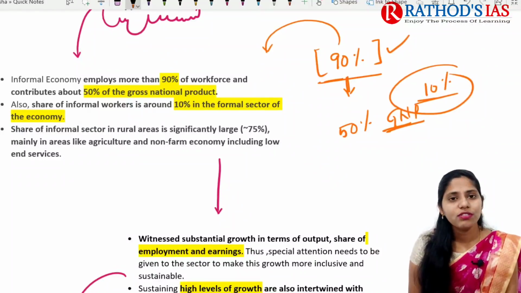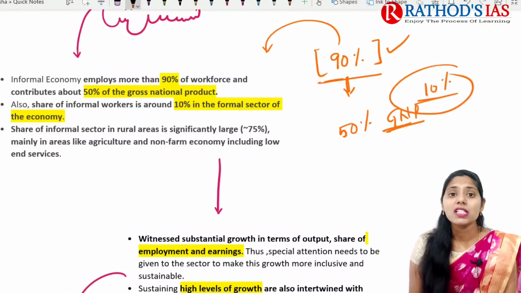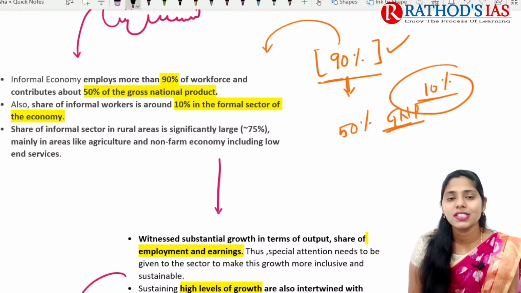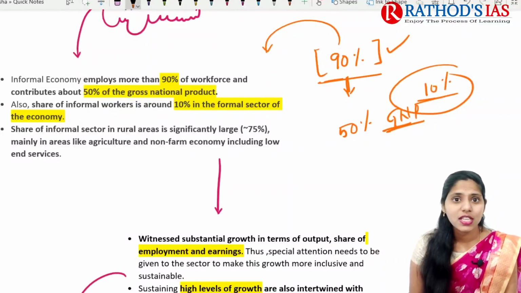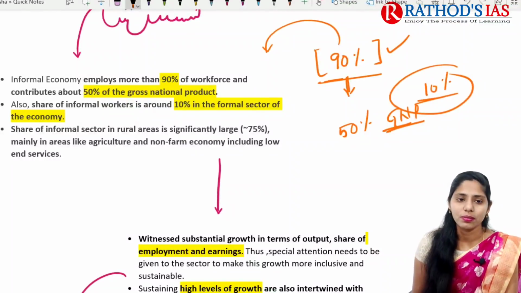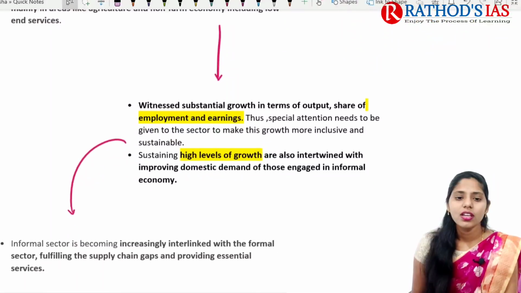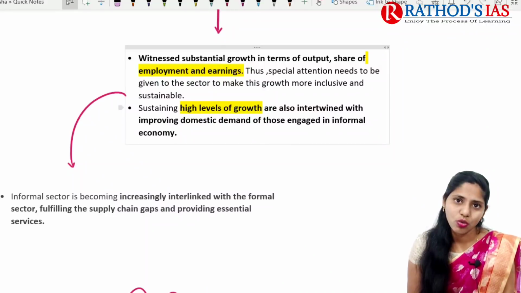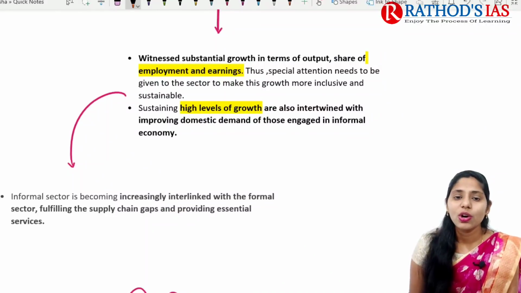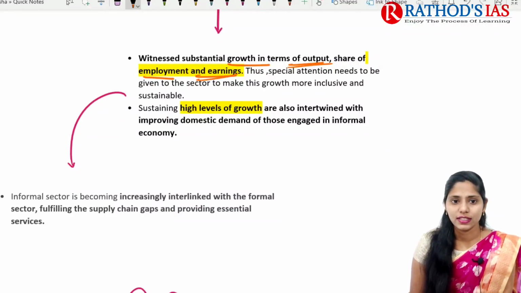In the informal sector, a large number of informal workers are seen in rural areas. In rural areas, they mainly work in agriculture and in some non-farm economy. Some more opportunities provided by the informal sector: it has also witnessed substantial growth in output, share of employment and earnings.